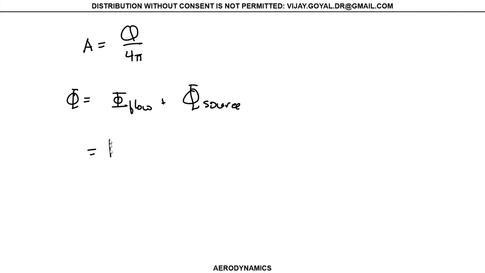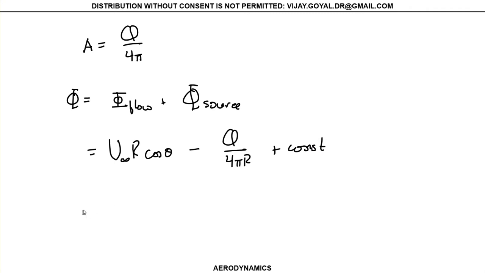And we learned in the previous lectures that the source with a uniform flow going only in the x direction is equal to this: minus Q over 4 pi r, this is a source, plus a constant.